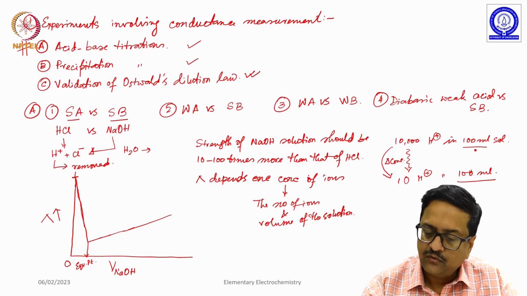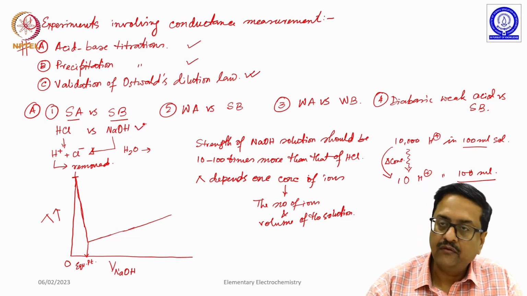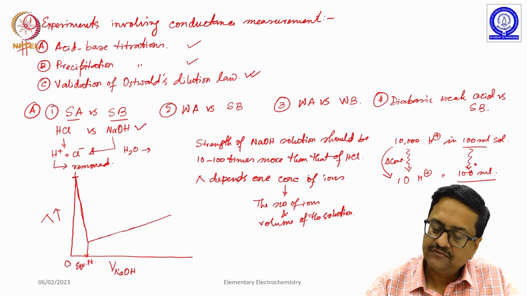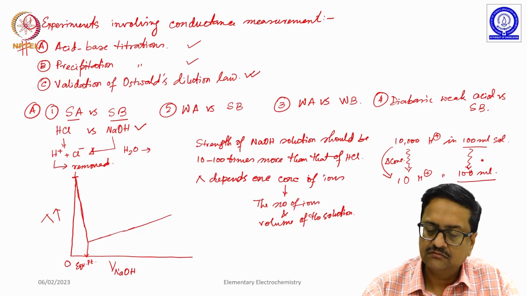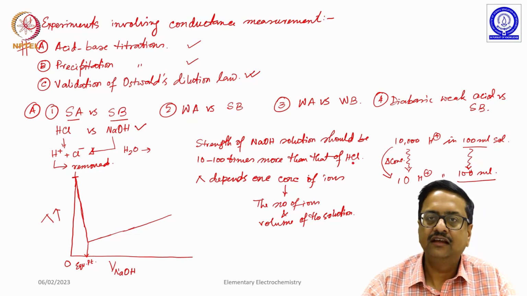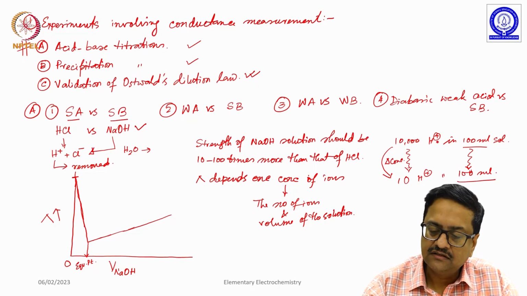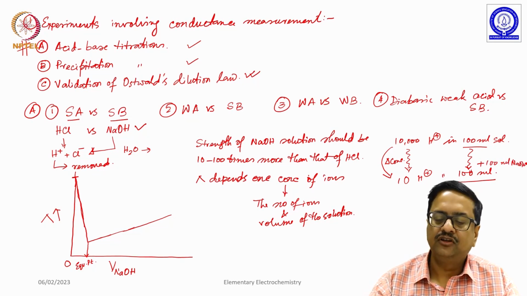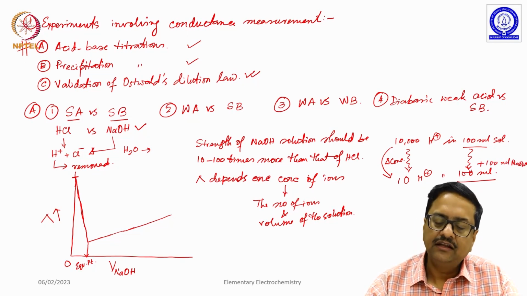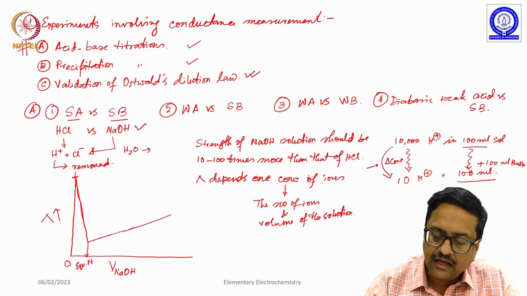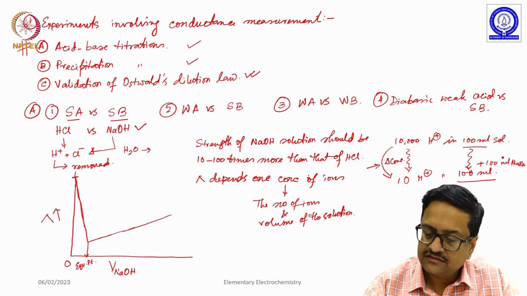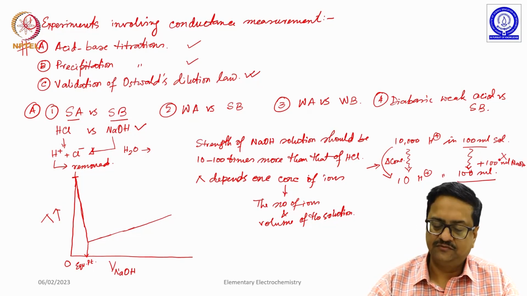But then, while doing so, I am adding NaOH solution. So this 100 ml will not remain 100 ml. If the NaOH solution is of equivalent strength of HCl, then for this neutralization you will need another 100 ml of NaOH. That means the volume will continuously increase, and increase in volume will have an effect on the change in concentration. Therefore, we should try to make this change in volume as negligible as possible.